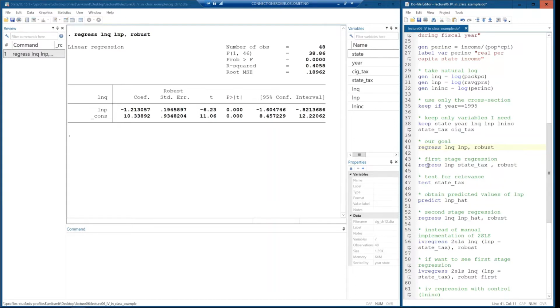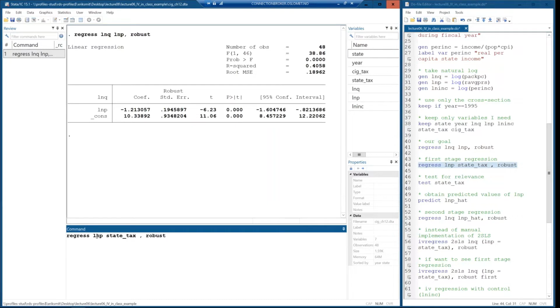So what we can do is regress the logarithmic transformed price on the state tax. And what we do here is extract the exogenous part of the price by using the information in state tax. So in our first regression, LNP is endogenous because it's correlated with the error term because of this simultaneity bias.